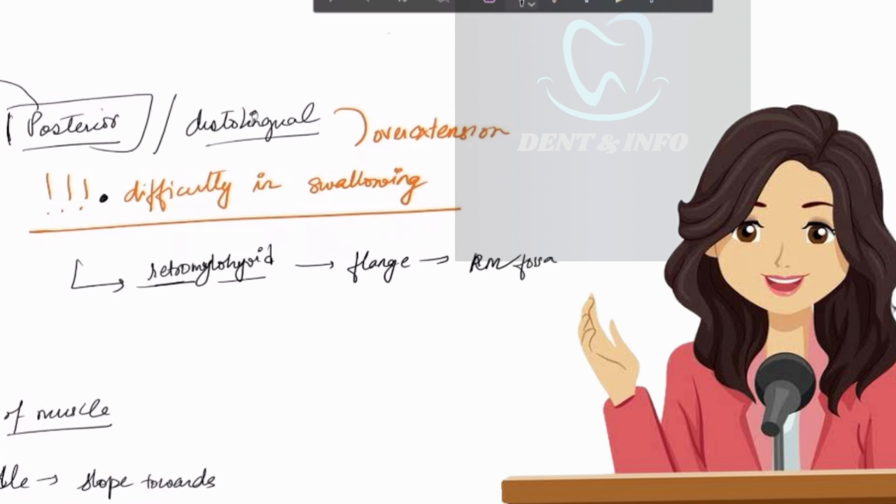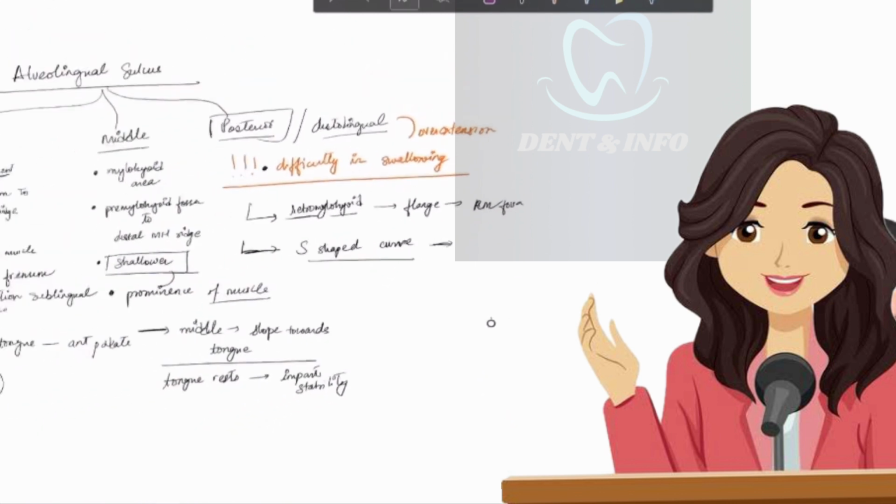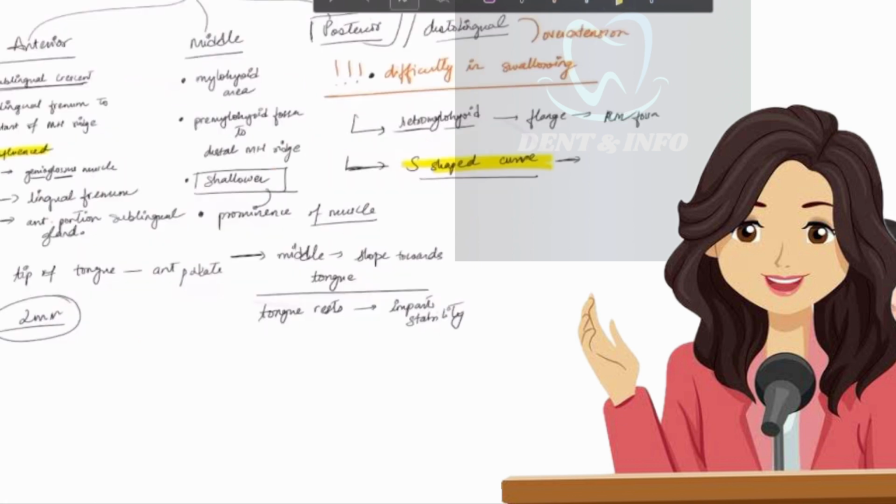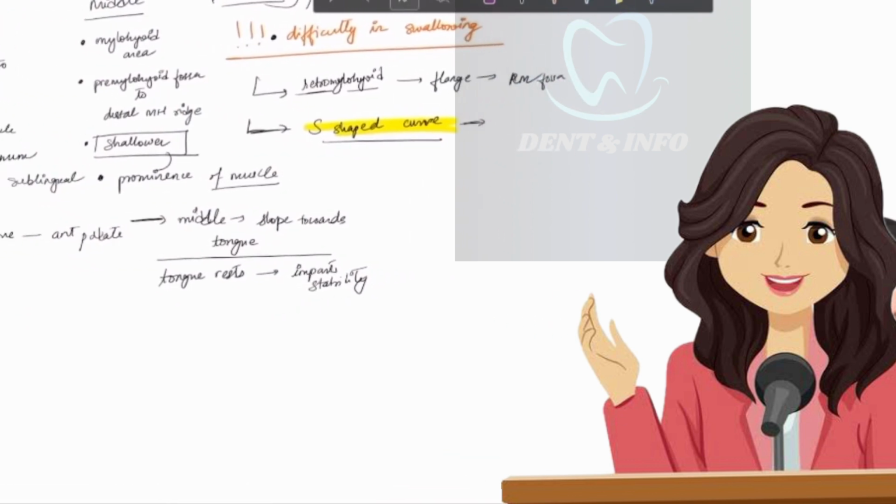That means the posterior part of your denture. You see a specific S-shaped curve that is formed because of the intrinsic and the extrinsic muscles of your tongue. So a very specific S-shaped curve of your impression is formed because of the anatomy of the different parts of your alveolingual sulcus.